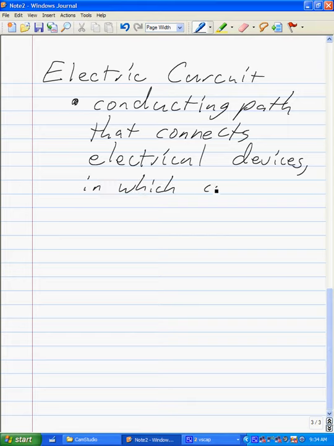And again, electrical current is moving electrons, just like with water currents, that's moving water.